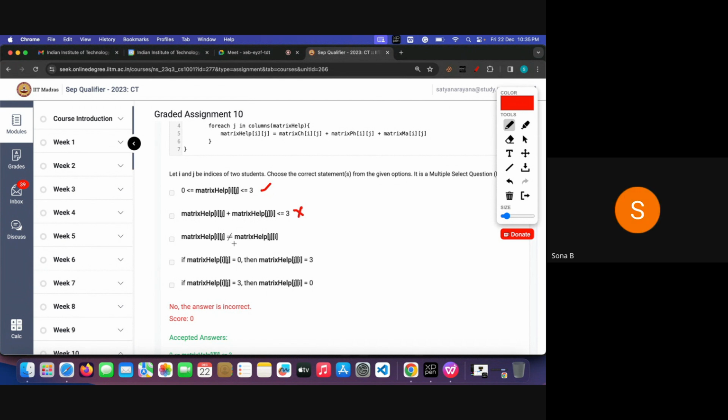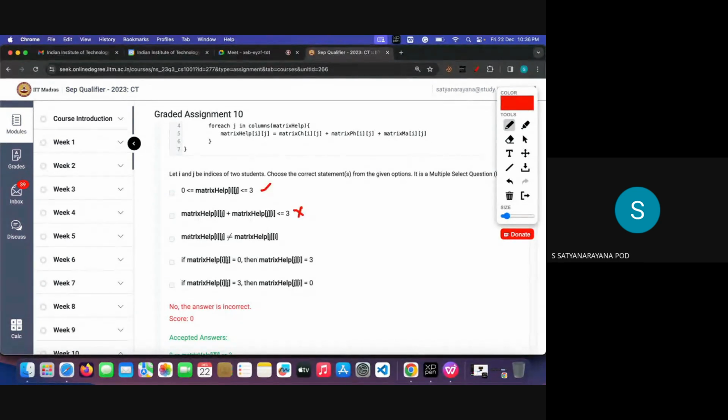It cannot be more than 3, no? Because it's a directed graph. If I can help J, then J cannot help I, because the difference was given already. I can help J, but J may not help I. But it is not the same subject; in another subject, he can help.